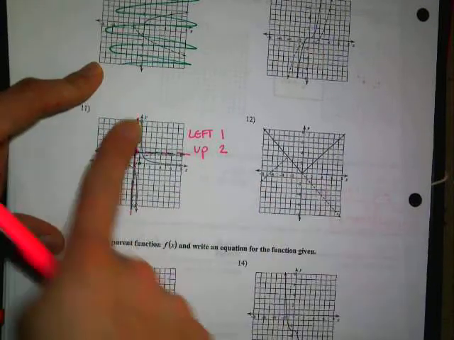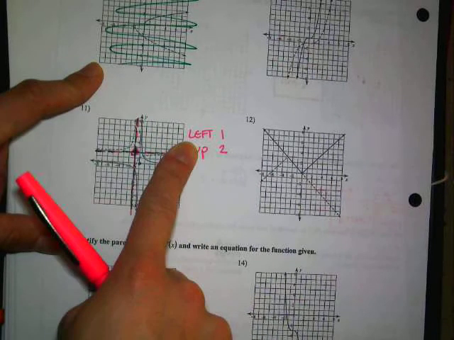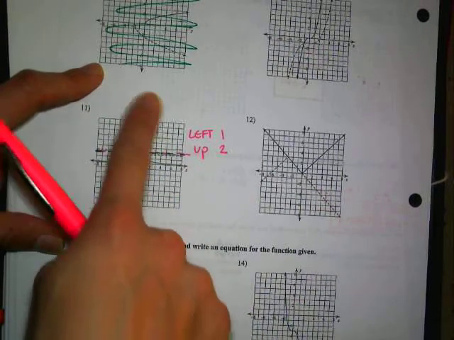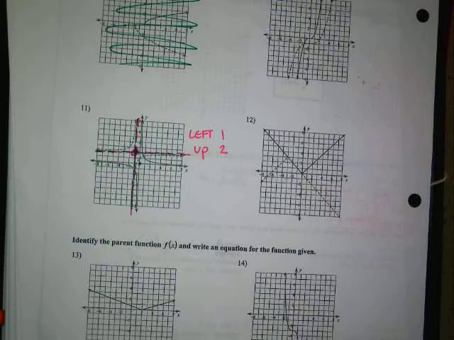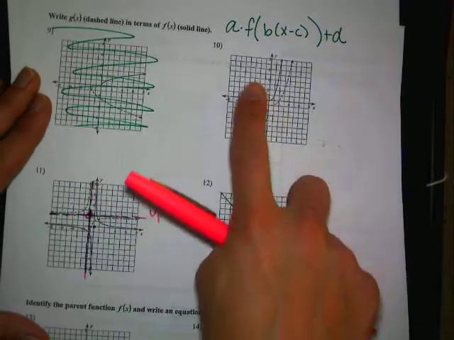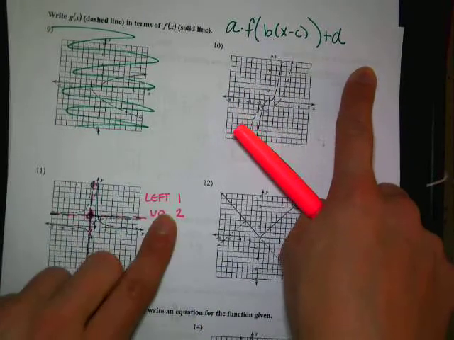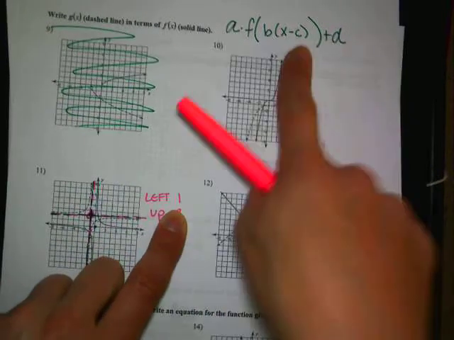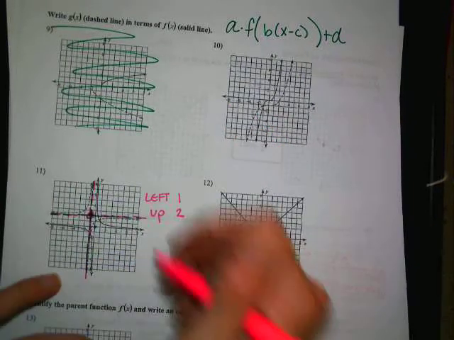Looking at my little banana shaped things, have they been compressed or stretched or anything? Nope. So we don't have an a value, so we're good. So it's just left 1 and up 2. So now I need to put that into my function notation. So the 1, is that the a, the b, the c, or the d? The c.